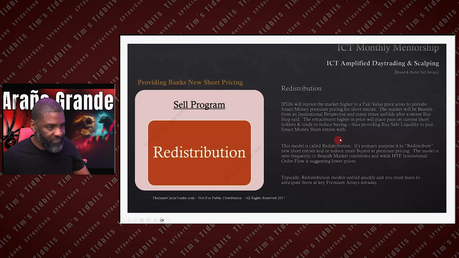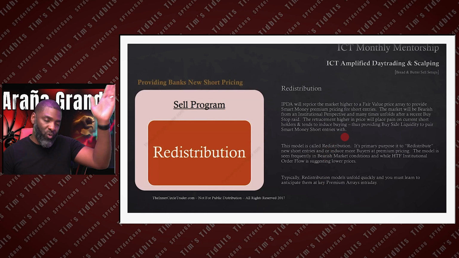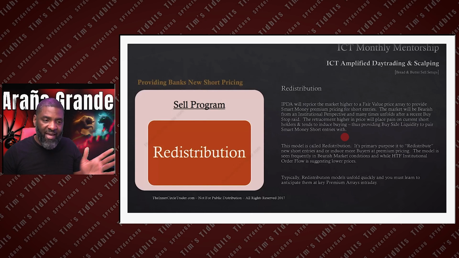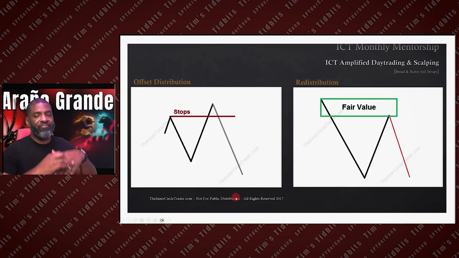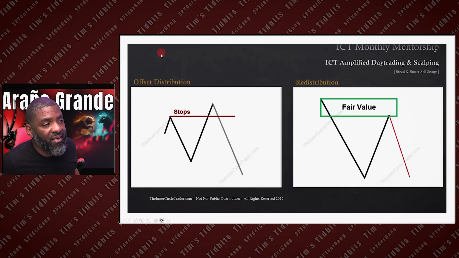And redistribution, again, is just like reaccumulation, except you're moving to the premium and you're attacking highs instead of moving to a discount and attacking lows. Right now, let's see what it looks like. In simple terms, just like in the offset accumulation, the offset distribution is just a stop sweep, a stop run, a stop raid, whatever you want to call it, when price sweeps highs and then displaces lower.